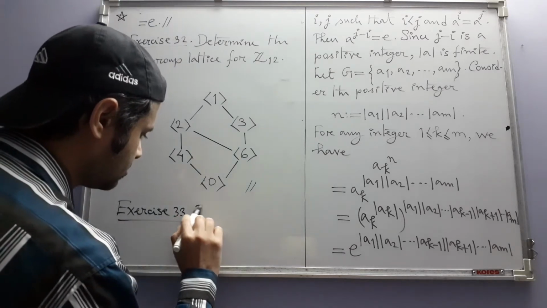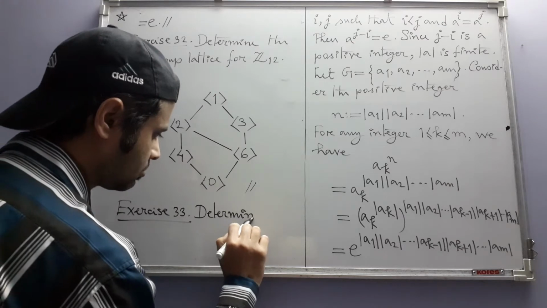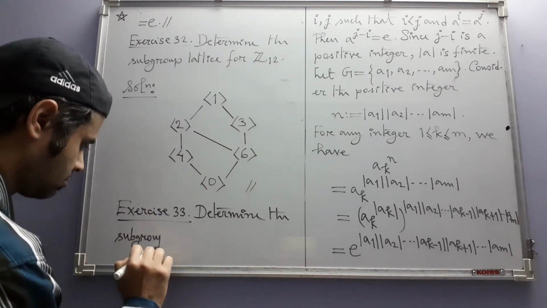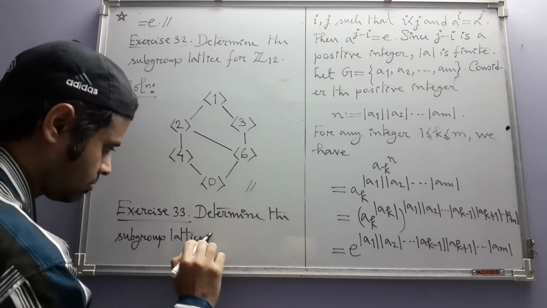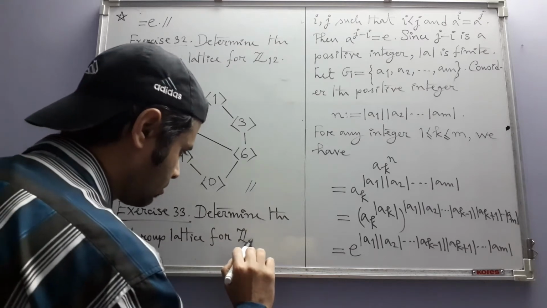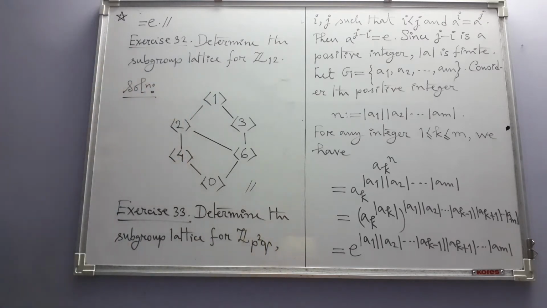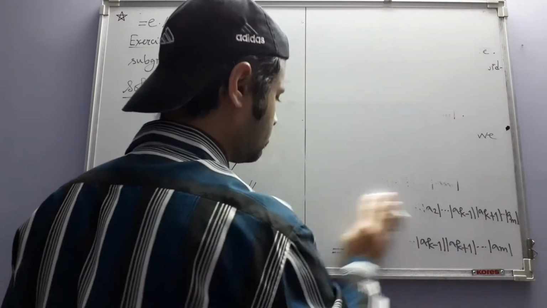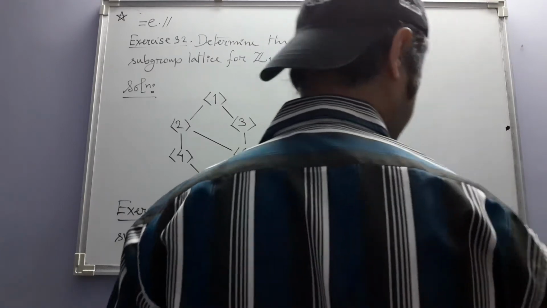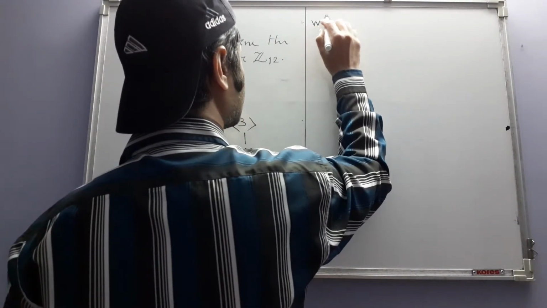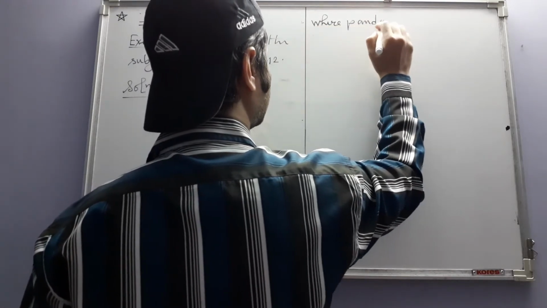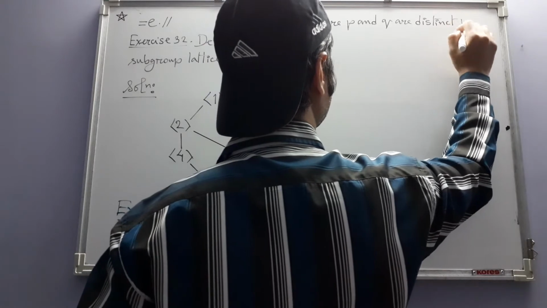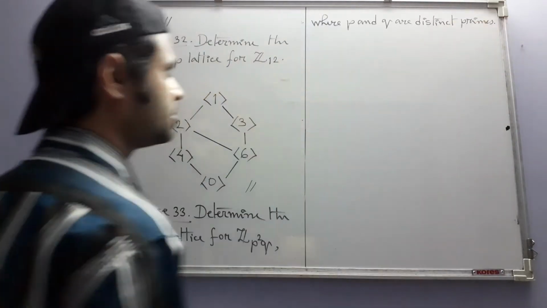Determine the subgroup lattice for this group, where p and q are distinct primes.